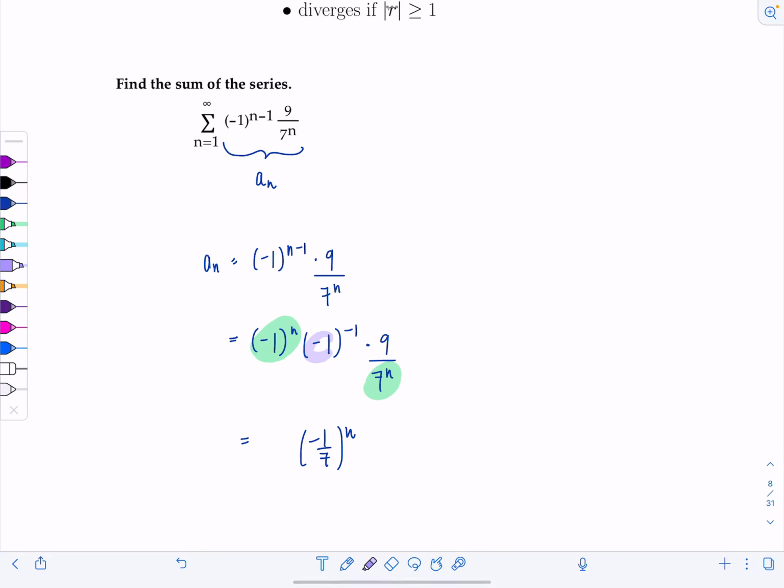And then I have negative 1 to the negative first, that's just negative 1 times 9, so I've got negative 9. This is kind of like the c in the formula up above, and then this is my r. All right. So r equals negative 1/7, and the absolute value of r is 1/7, which is less than 1, which means this series converges.